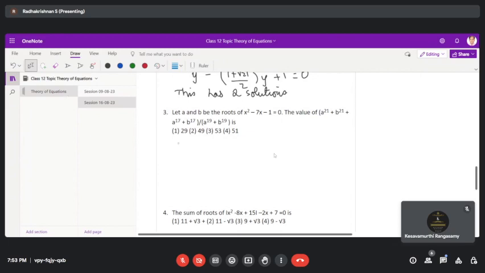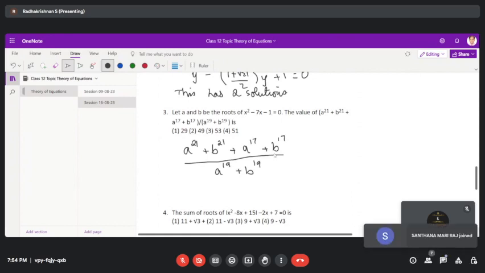They are asking a power 21 plus b power 21 plus a power 17 plus b power 17, divided by a power 19 plus b power 19. Since a and b are the roots, we know a plus b and ab.